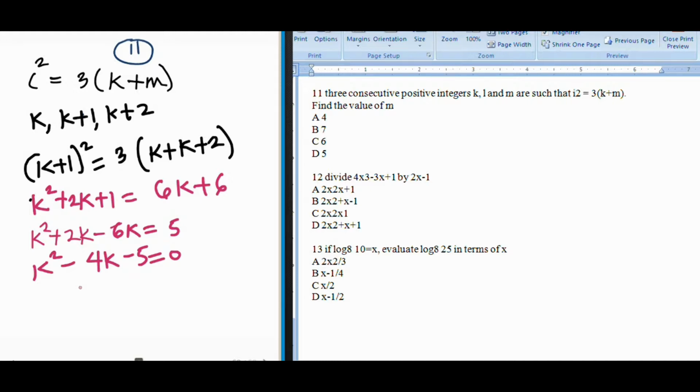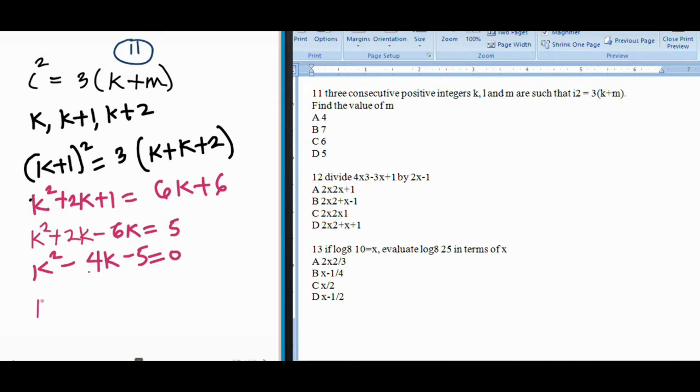Now, the coefficient of K square is 1, while the constant term is minus 5. So, what are the factors of minus 5 that when we add them together will give us minus 4? And I think that should be minus 5 and 1. Minus 5 times 1 will give us minus 5. So, minus 5 plus 1 will give us minus 4K.